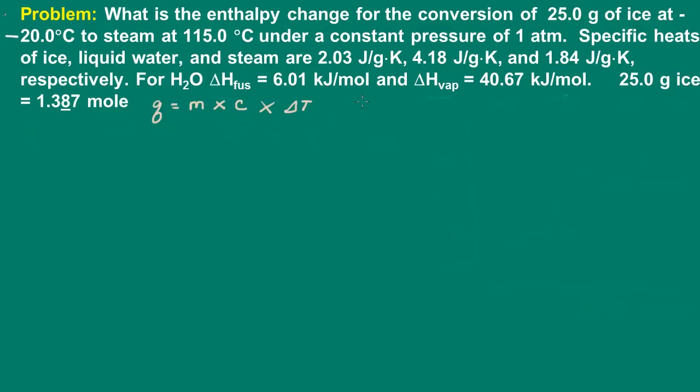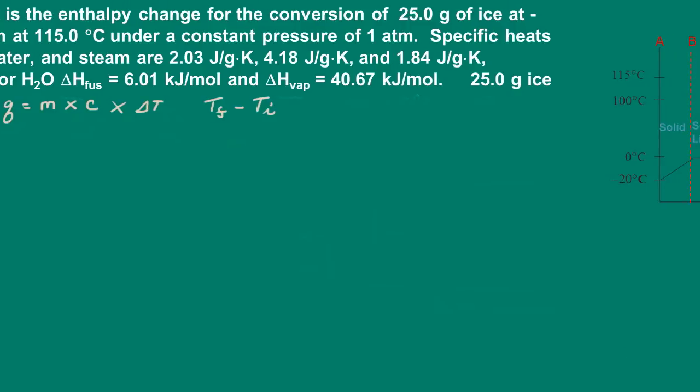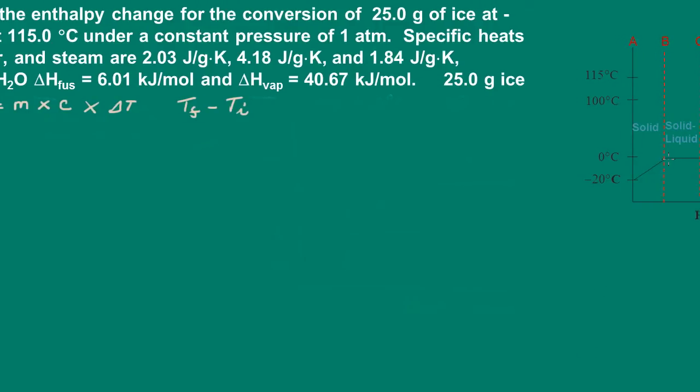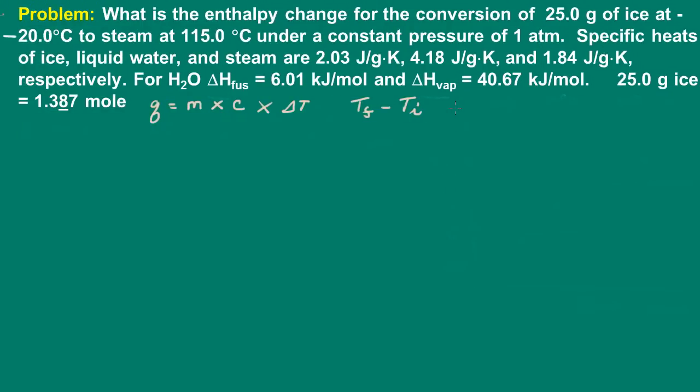Remember, delta T is always the final temperature minus the initial temperature. And in this case, from A to B, we're going from a negative 20 degrees to 0 degrees. So our final temperature is 0, and our initial temperature is negative 20.